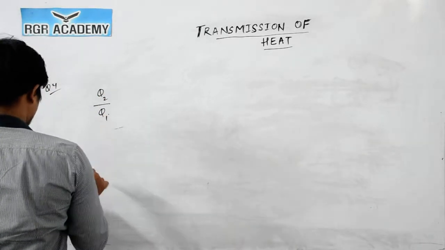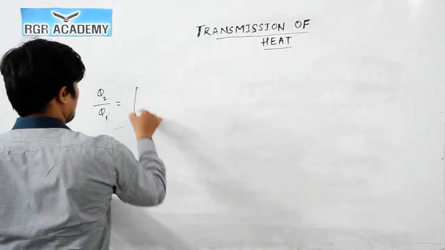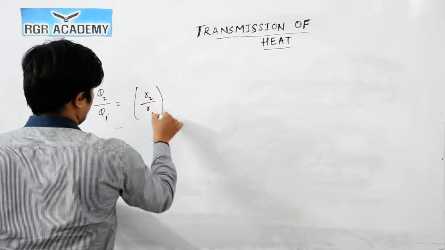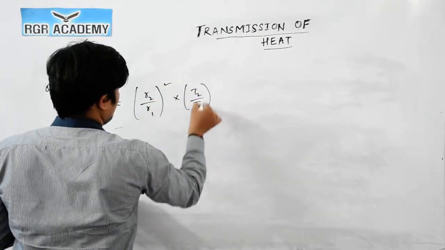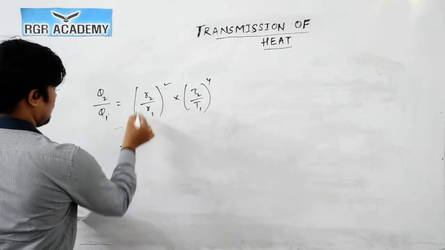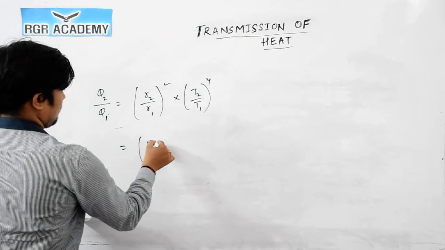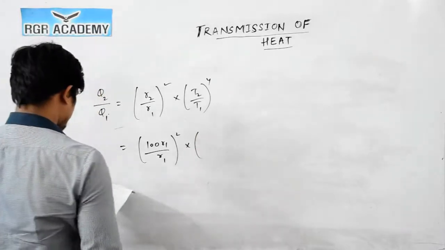So this we can write as final energy by initial energy will be equal to (R2 by R1) square into (T2 by T1) to the power 4, proportional to temperature. Okay, so this will be equal to, final radius is 100 times of R1, square, into temperature.